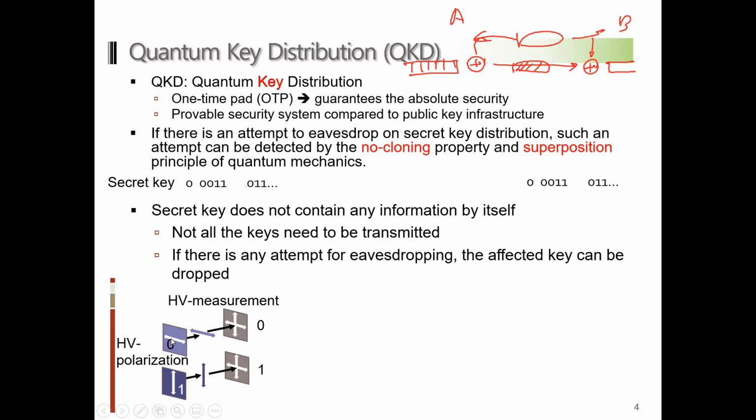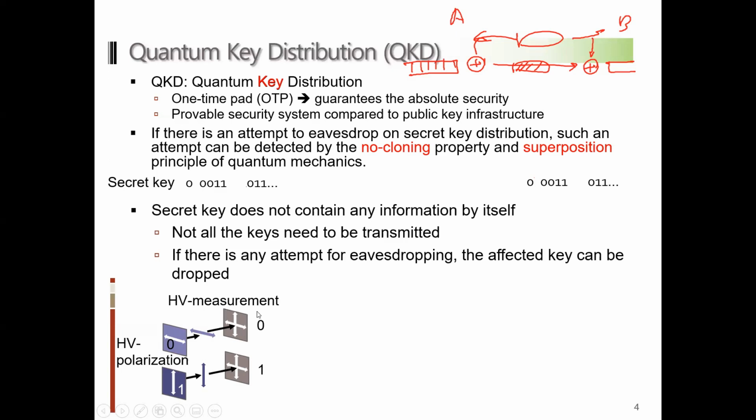Whenever you want to send a 0, you will send the horizontally polarized light, while when you want to transmit a bit value of 1, you will choose the vertically polarized.